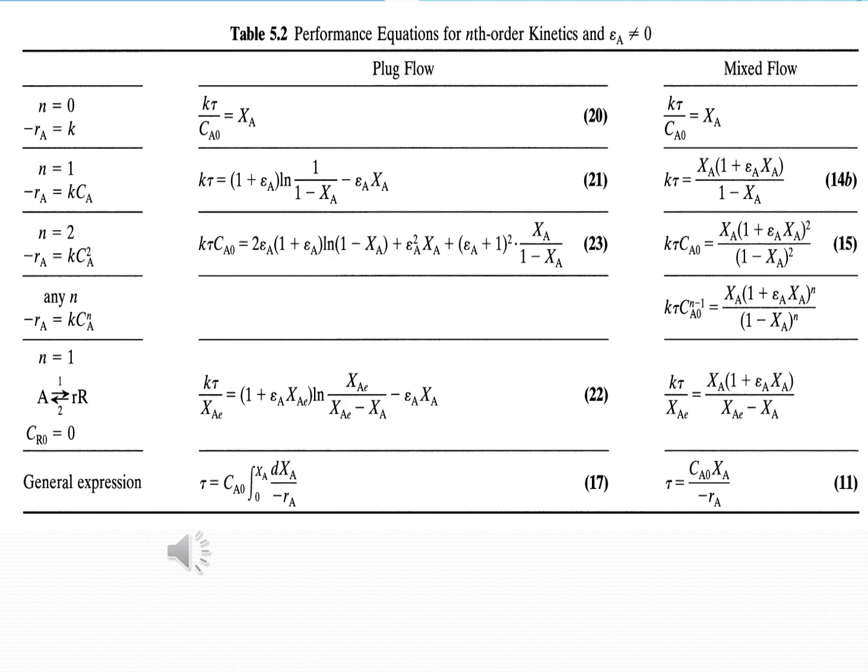Here you can see the integration solved by numerical methods for first order, second order, and first order for the reversible reactions, and also for the mixed flow reactor for the varying density cases. So you can utilize these performance equations for the given case and calculate the unknowns from the known values. Mostly we need to find the space time and k value from these expressions.